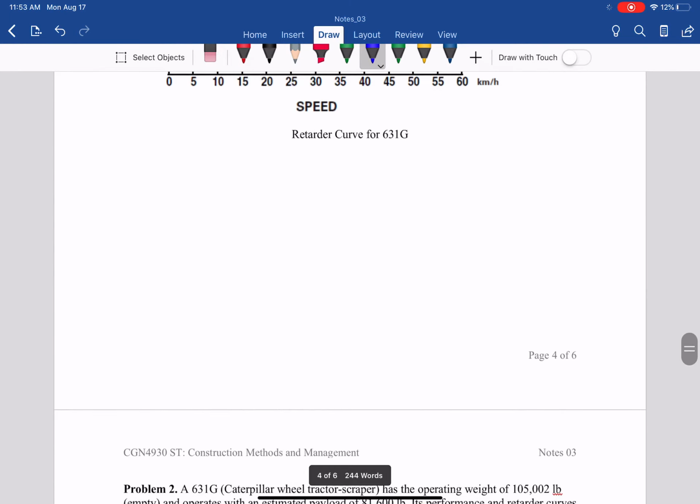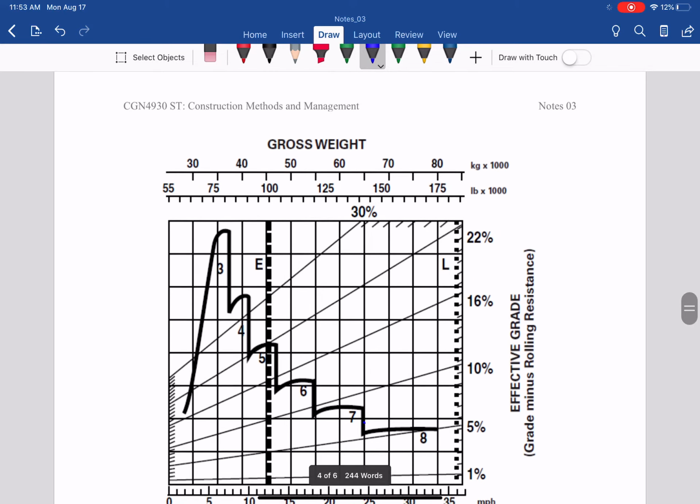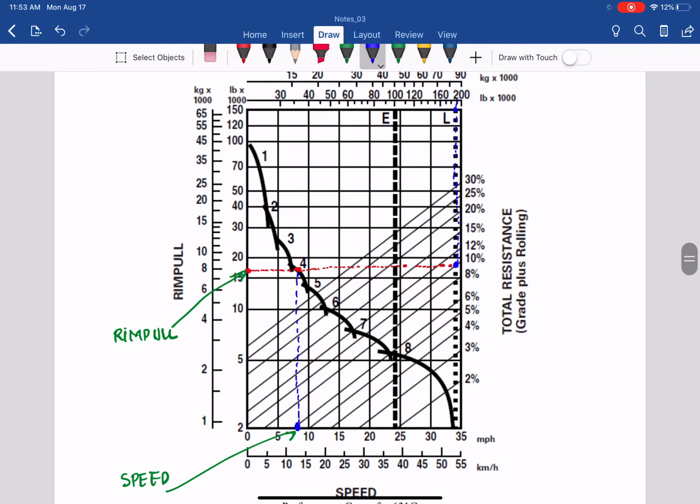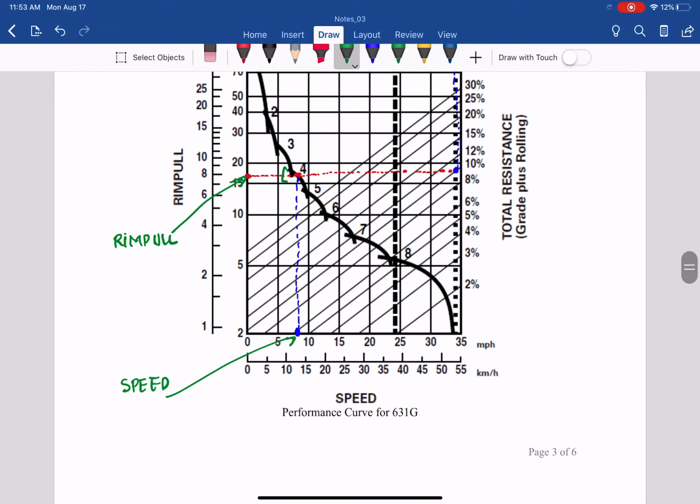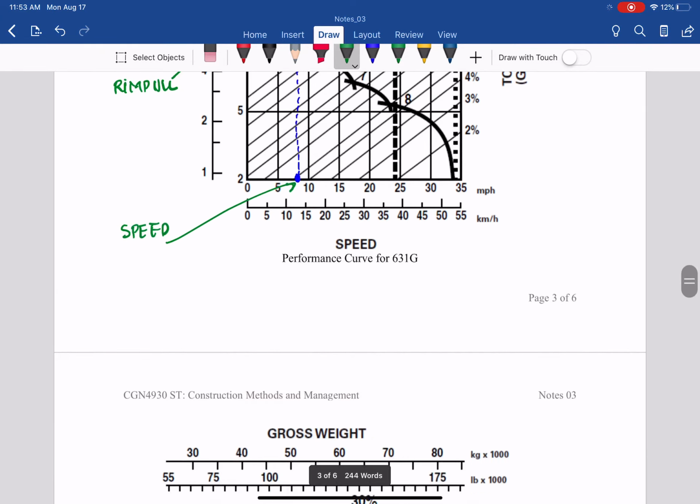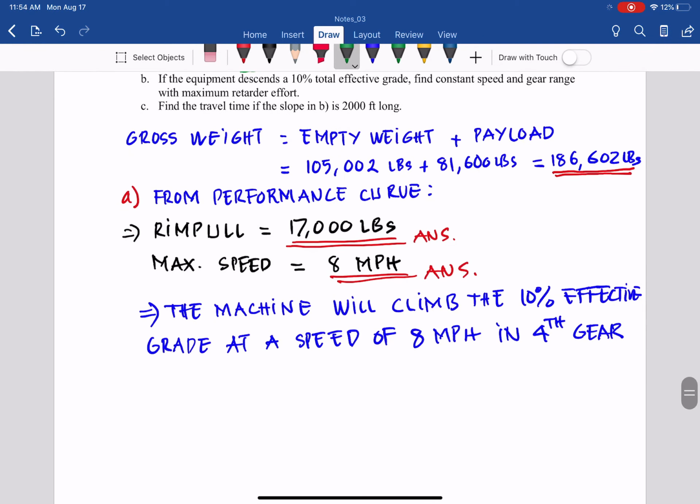Why 4th gear? Because they intersect at gear number 4 there. Just like when you drive the car, which gear we get in. So gear 4.